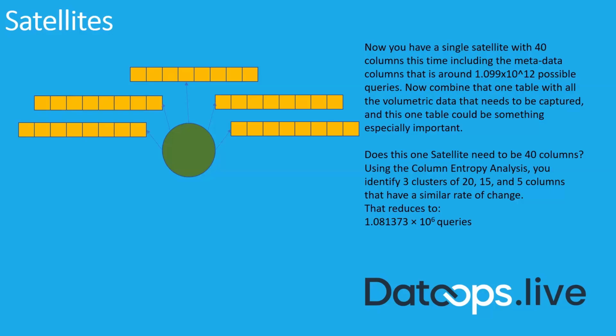So you have 3 clusters of 20, 15, and 5 columns that have a very similar rate of change, using something like k-means clustering, for example. So if you break that one satellite down into 3, you've cut the number of queries, even if you were to join all 3 of them, versus the one, by an order of magnitude.